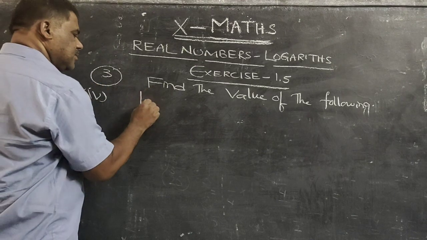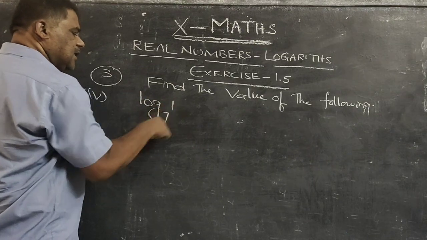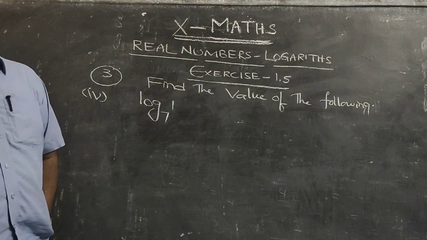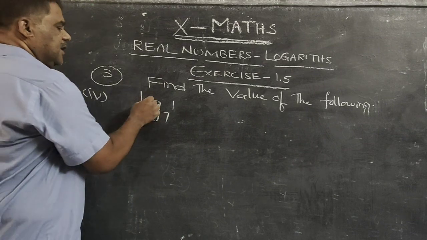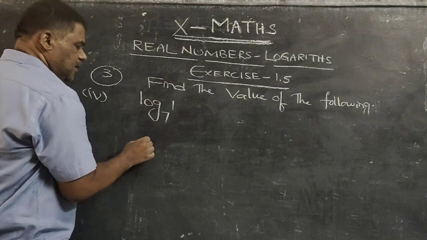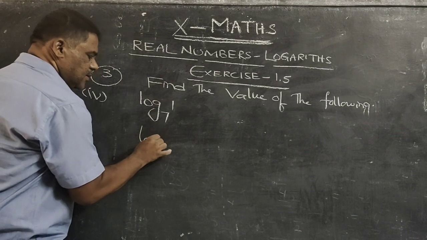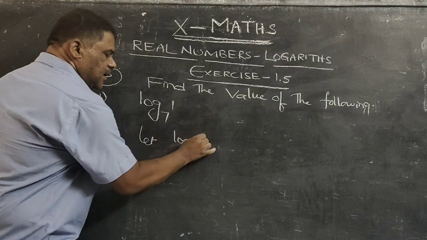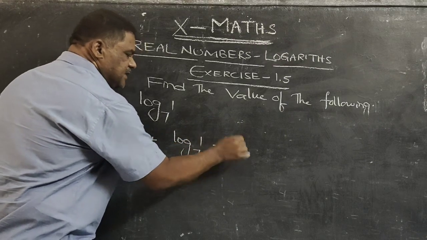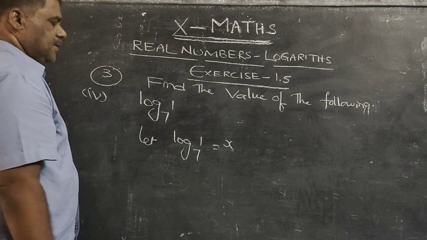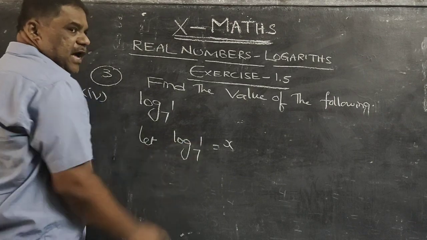Fourth one, logarithm of 1 base 7. So first, you suppose that logarithm of 1 base 7 is x. This is in logarithmic form.